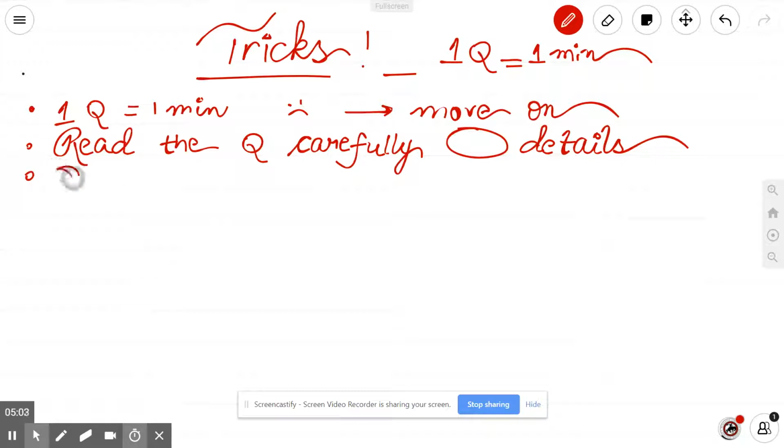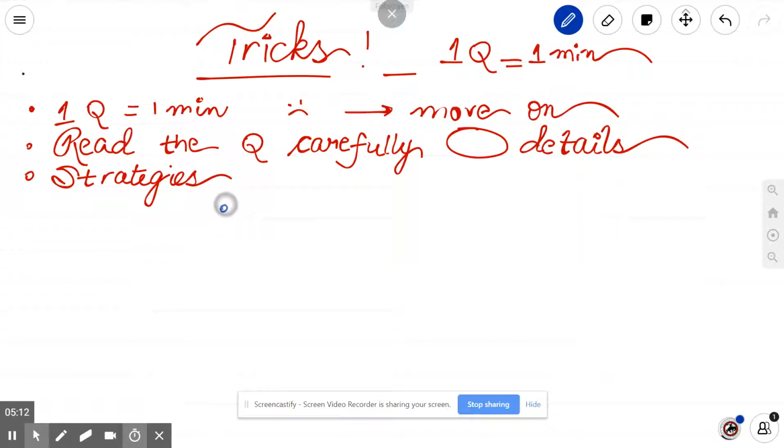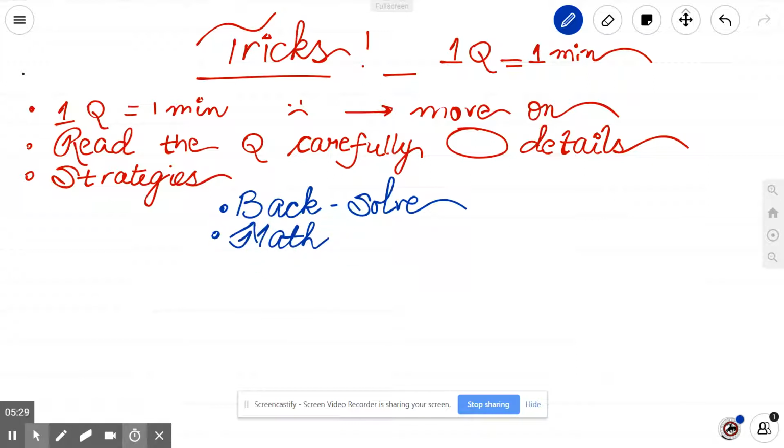The different strategies that you can use on the test are listed as follows, which will help you solve the questions faster. One of the strategies is called back solve. Next, you can use math traditionally, like how we always solve math questions.